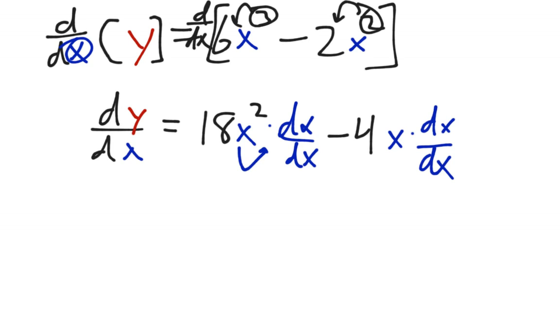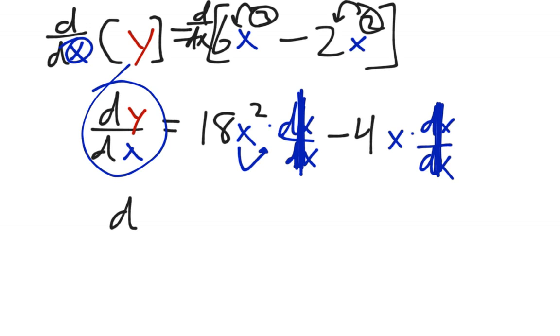Now notice, this is dy/dx. Clearly that is not 1 because dy and dx are not the same. However here, dx/dx is 1. Sorry, dx/dx is 1 here as well. So those go away, and we get our final answer of dy/dx equals 18x squared minus 4x.